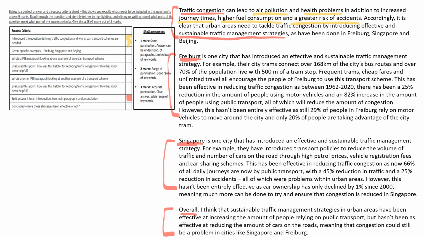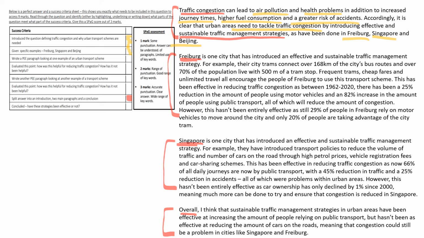Accordingly, it is clear that urban areas need to tackle traffic congestion. So they need to introduce effective and sustainable traffic management strategies, such as what has been done in Freiburg, Singapore, and Beijing.